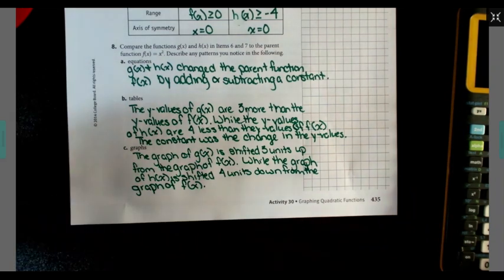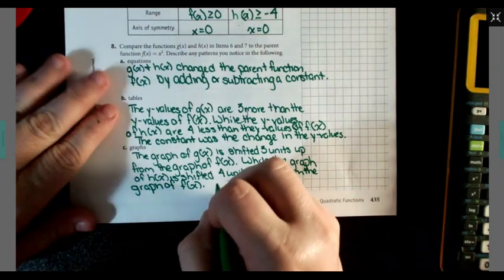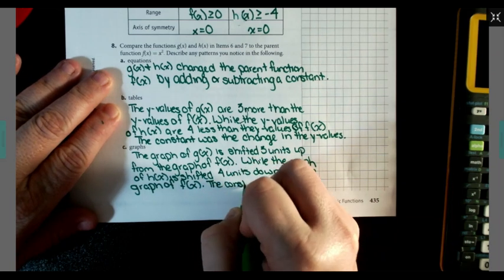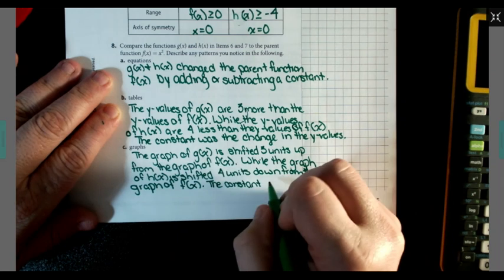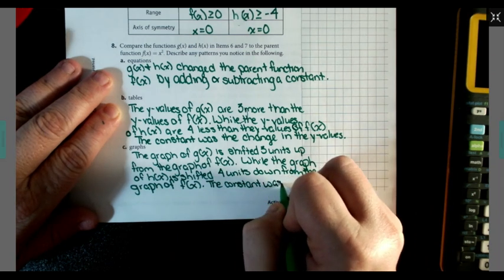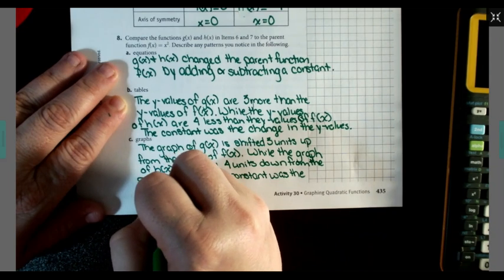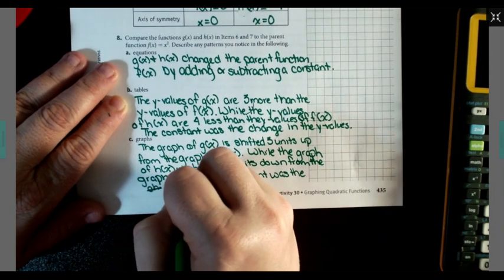The constant was the change in the graph. I should say was the shift in the graph.